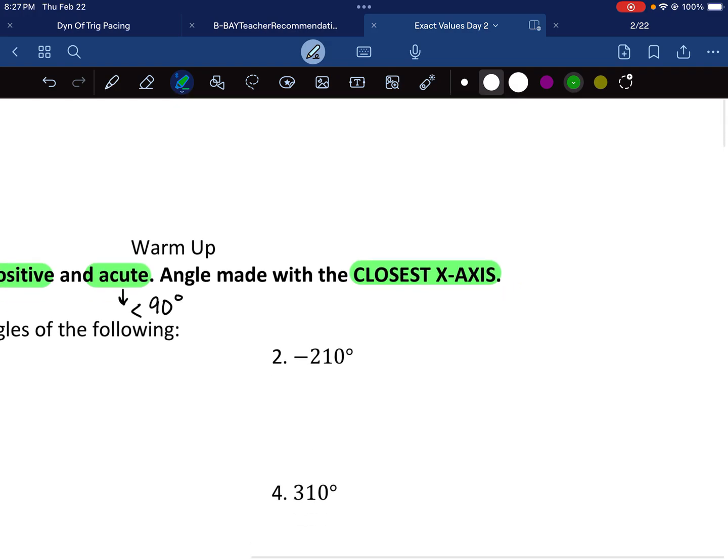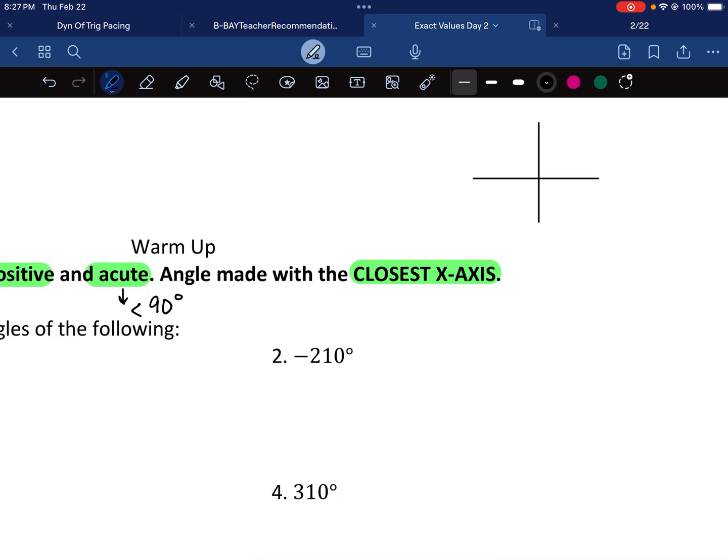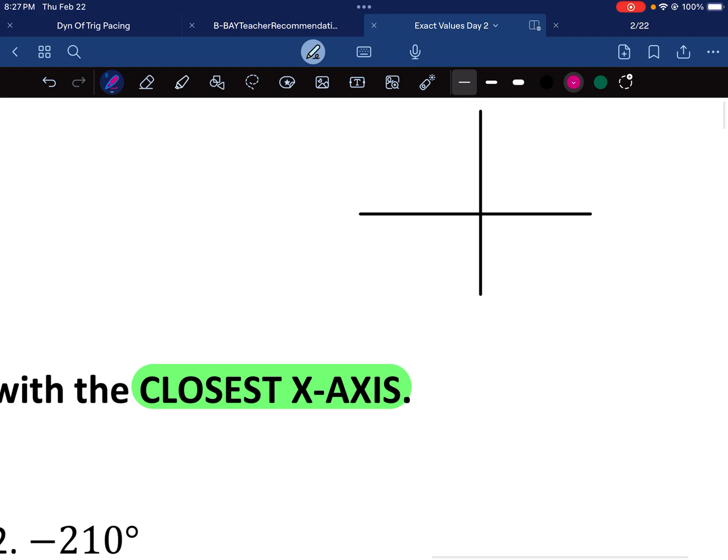Just to very briefly go through each quadrant with you. If your angle is in quadrant 1, then your reference angle is here. If your angle is in quadrant 2, then your reference angle is here.